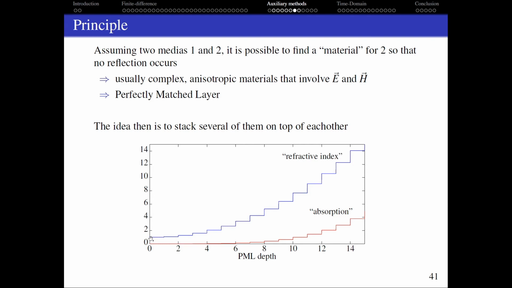One way to do it is to increase what is roughly the refractive index of the layer. So as light goes into the PML, it slows down. This value can be very high, from 15 to 25. And we are also going to increase the absorption of these layers so that not only does light slow down, it also gets absorbed, so that at the end of the PML, there is basically no light able to come back inside the window.